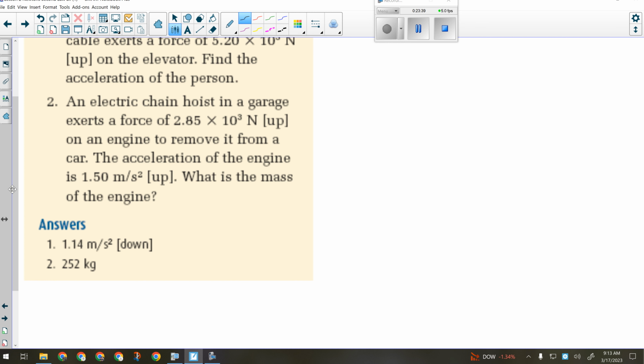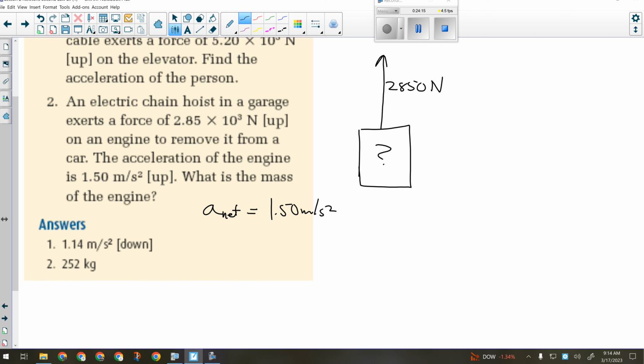The engine's mass is unknown, but I know the chain hoist can exert a force of 2,850 newtons, and the engine is accelerating at 1.5 meters per second squared. So my net acceleration is 1.5 meters per second squared.